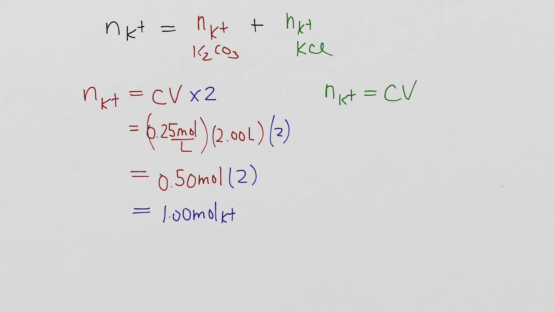Why? Because this concentration is not directly for K, potassium ion. This concentration is for K2CO3. And you have to remember that there are 2 potassium ions in K2CO3, and that's how we multiply by 2.